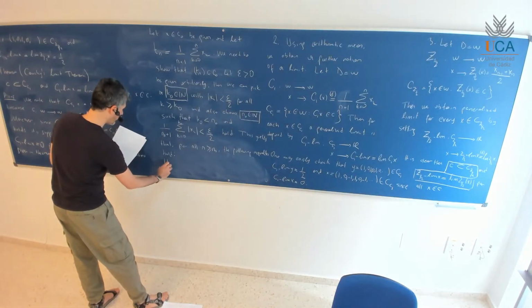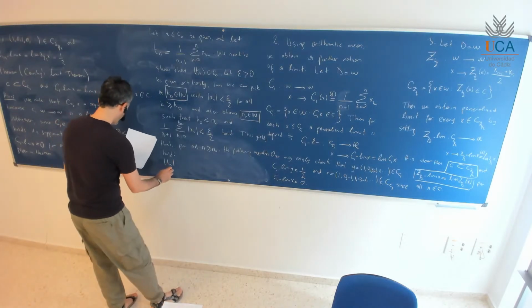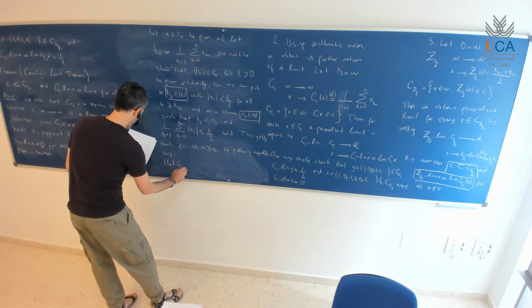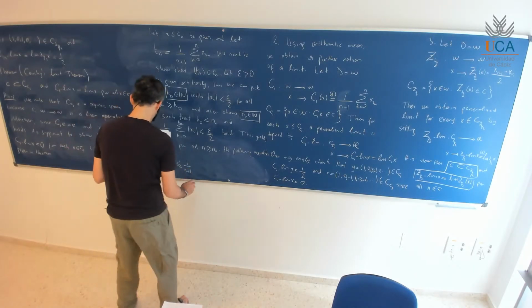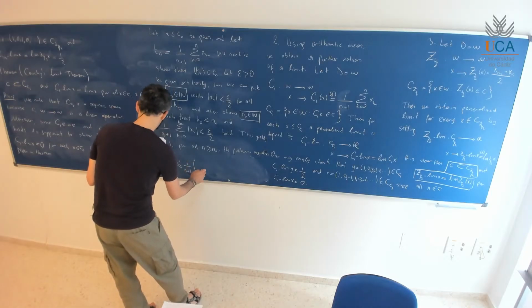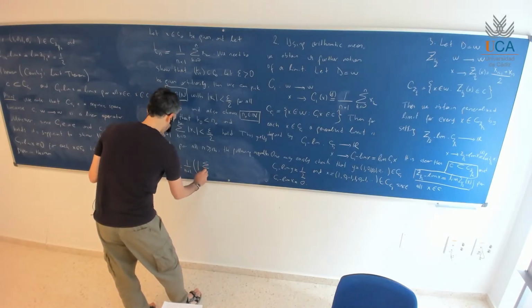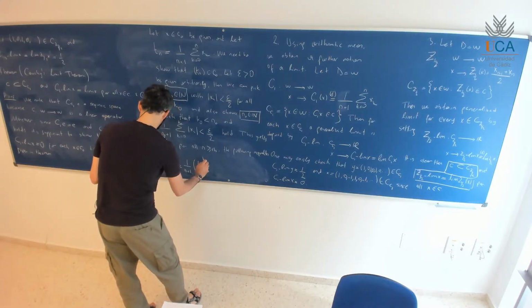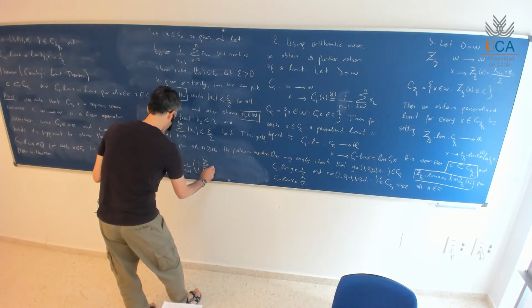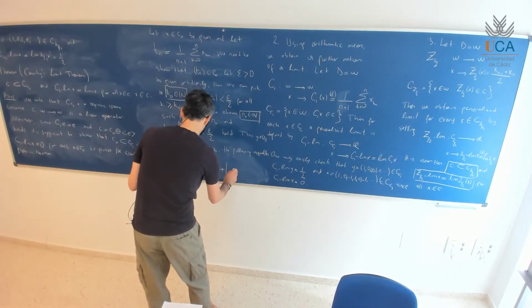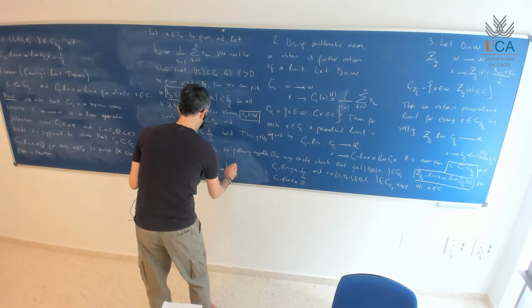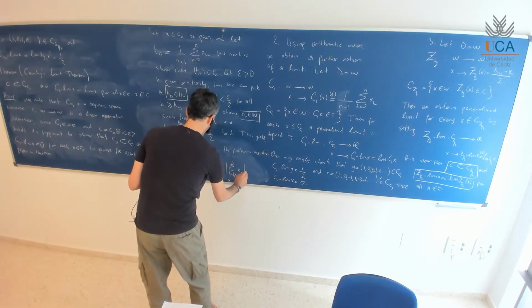The absolute value of Tn is less than or equal to 1 over n plus 1 times the sum of absolute values of xk.